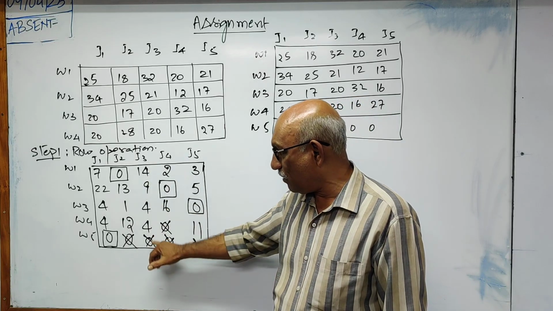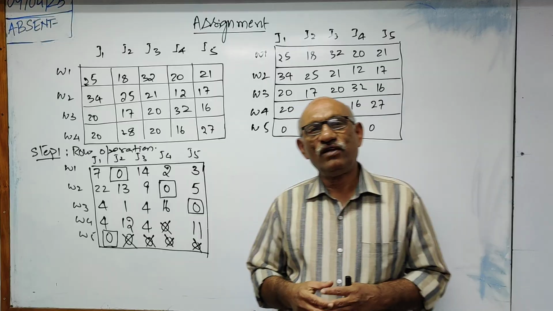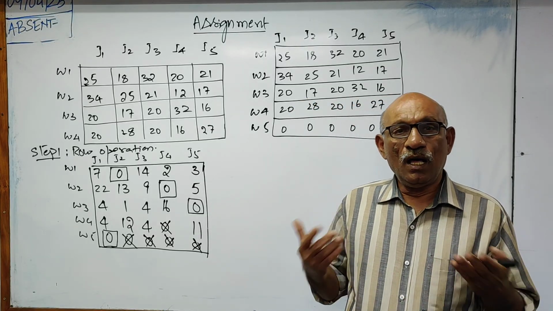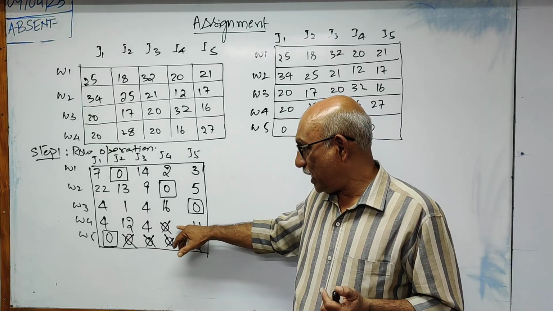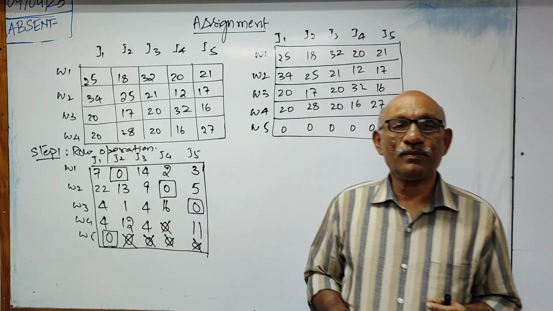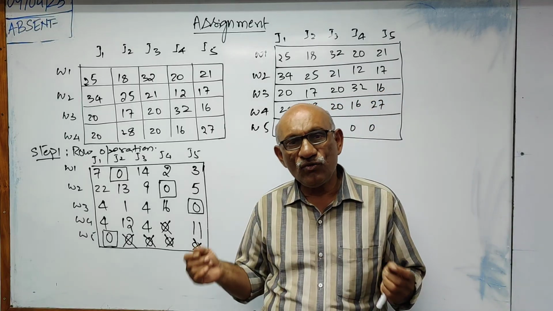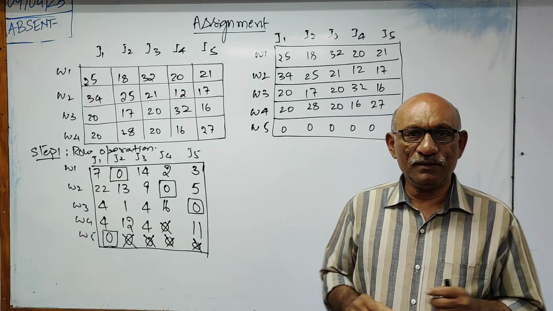In the same way, the third column also does not have an assignment. Then what will we do? I have to create additional zeros in the fourth row as well as in the third column. Otherwise, I have to shift the positions of zeros from one cell to another cell.